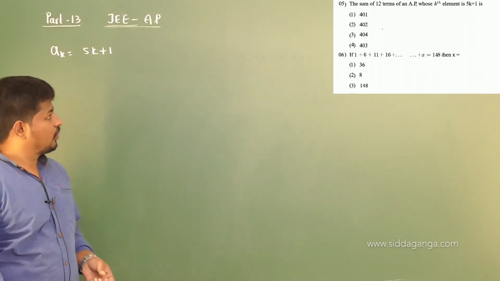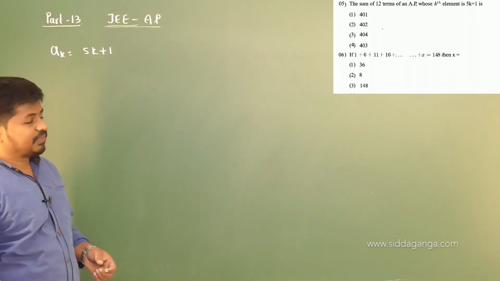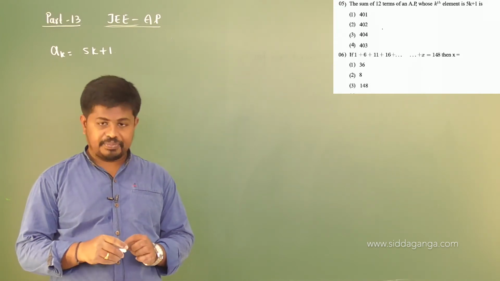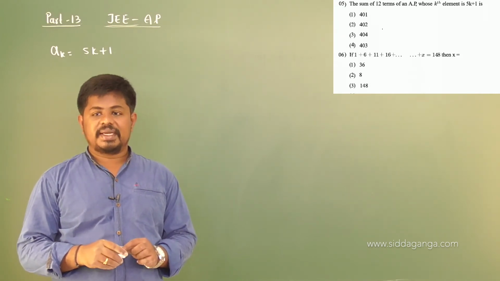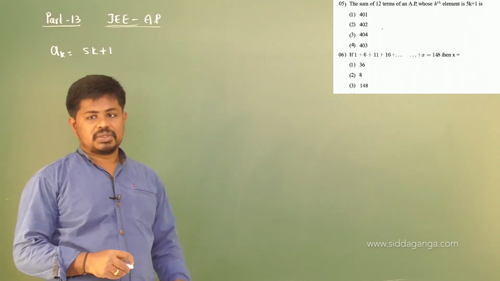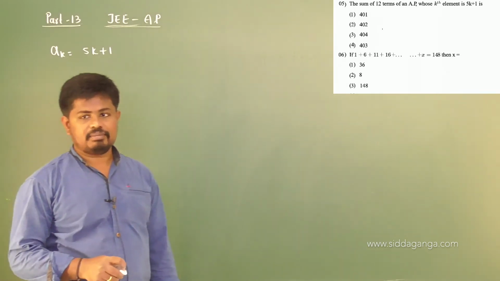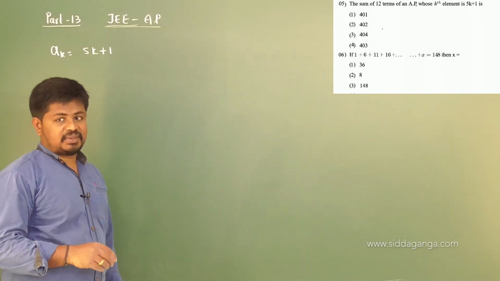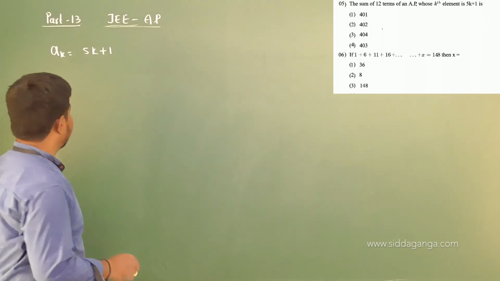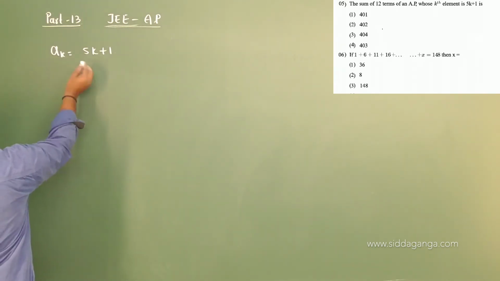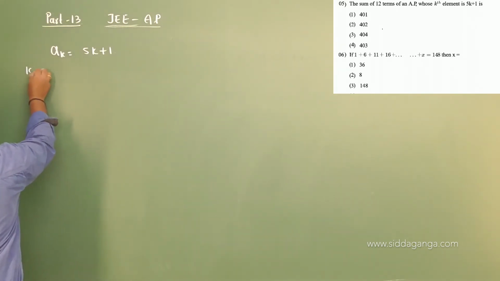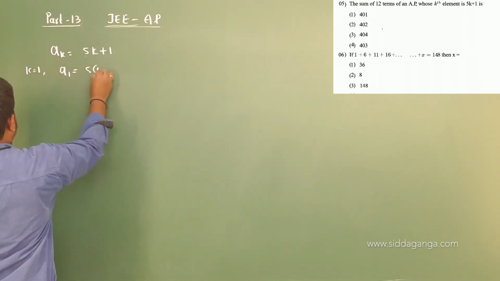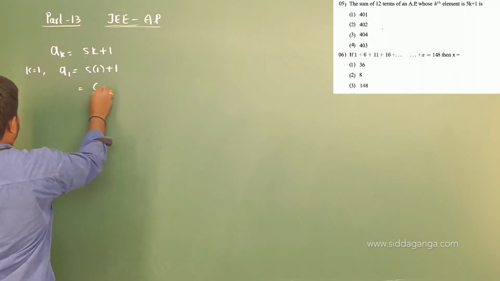Students, as I said before, to find the sum of n terms or any term of a sequence, you need to find A, d as well as n. So n is given, n is equal to 12. Let me find A and d. When k is equal to 1, A1 is equal to 5 into 1 plus 1, so the first term is 6.